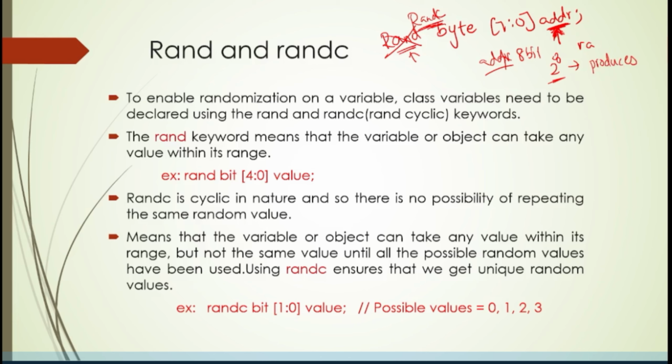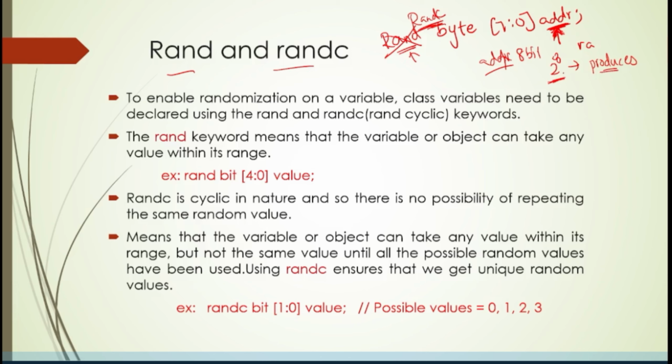Now let us see the difference between rand and randc. Both are the same in that they randomize, and the only difference is this. For this example, there are 2 power 8 possibilities.